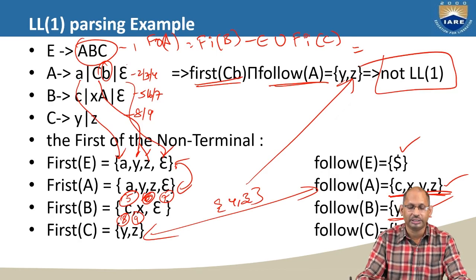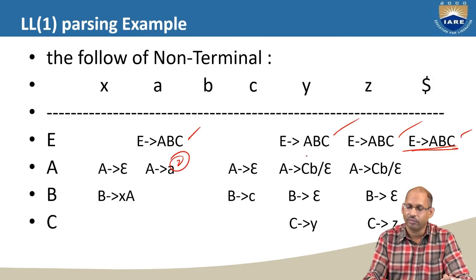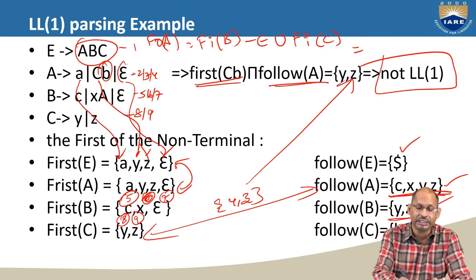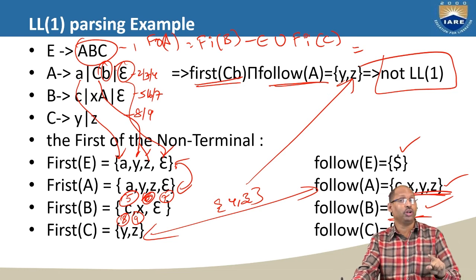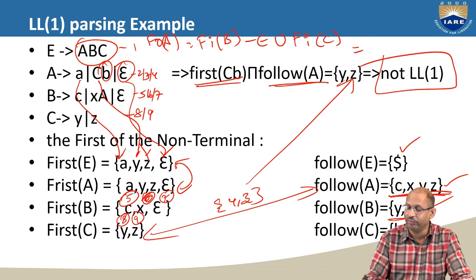For the third production, what is it? It is CB. CB means first of C, means YZ. Third production. Then what is the fourth production? It is epsilon. So consider follow of A. What is the follow of A?